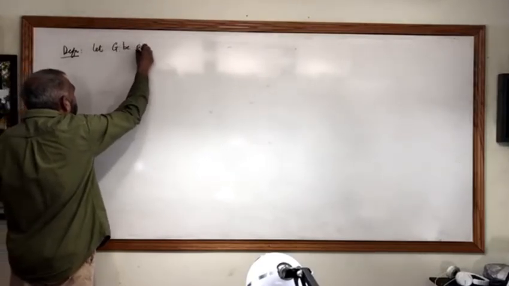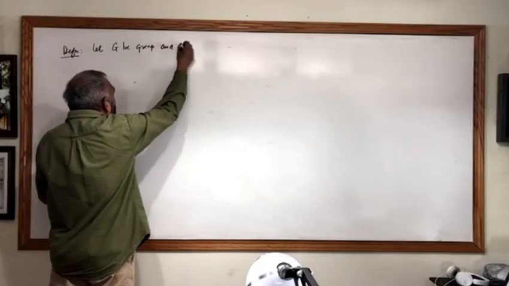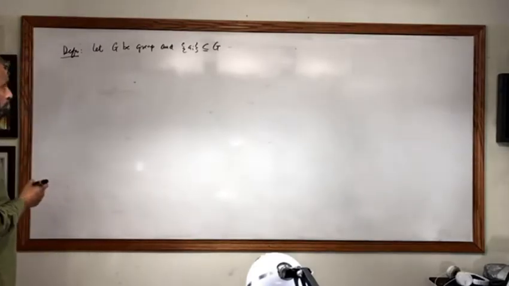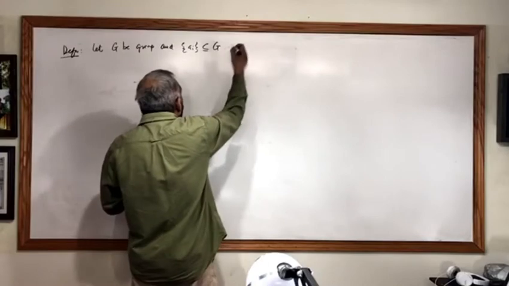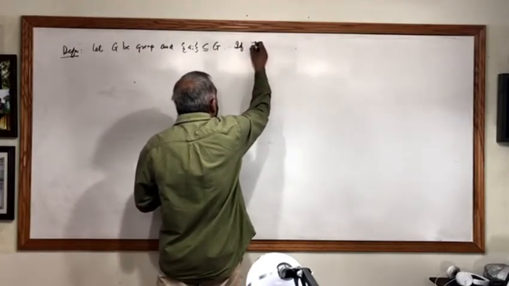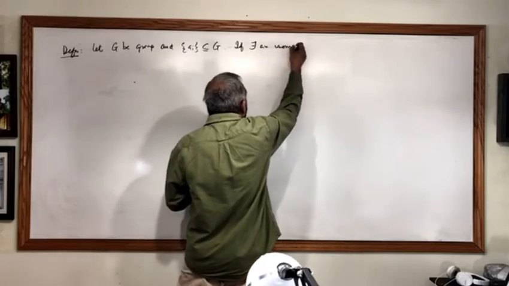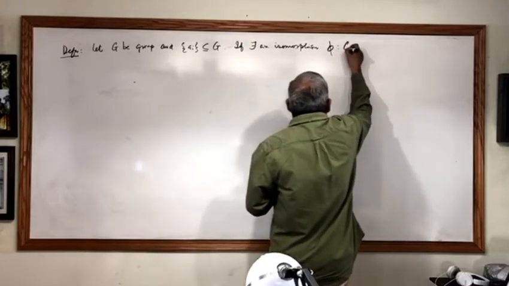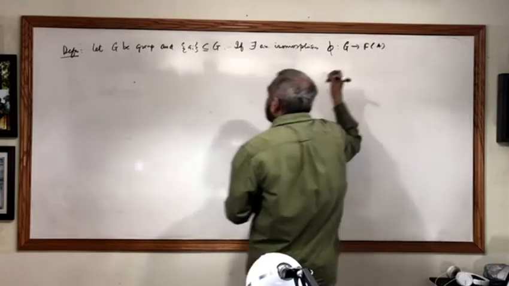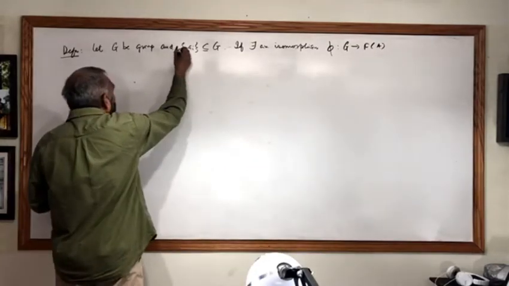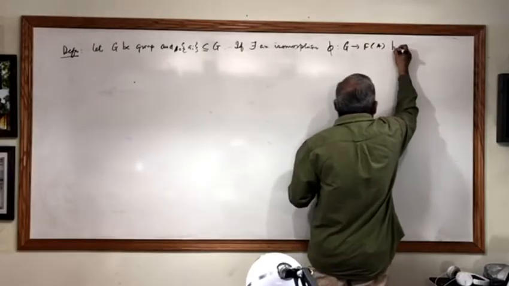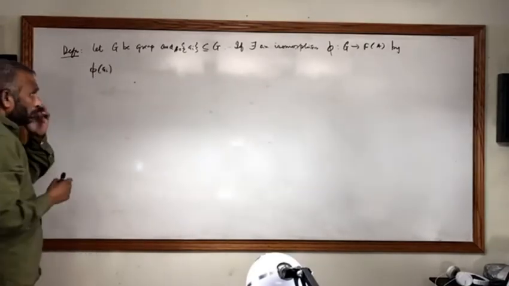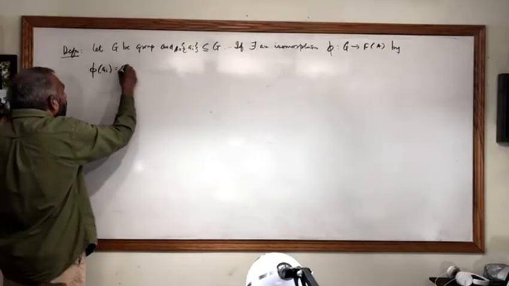So let G be a group and A is a subset of G. Then if there exists an isomorphism phi from G to F of A, by phi of a_i is equal to a_i.